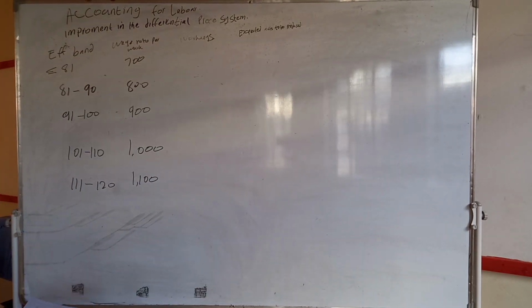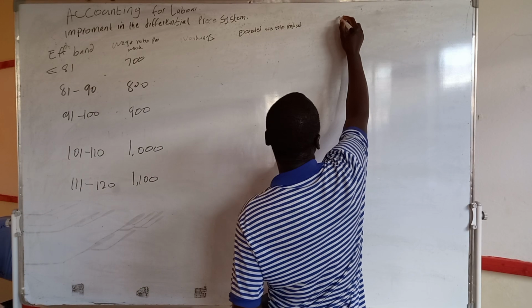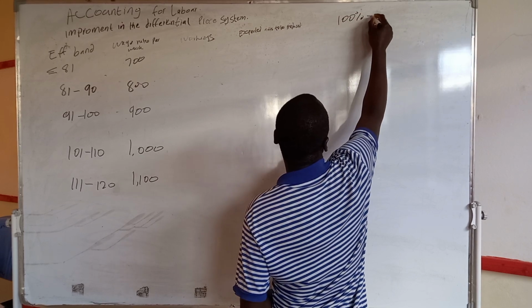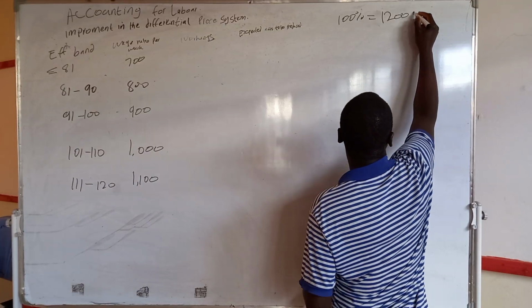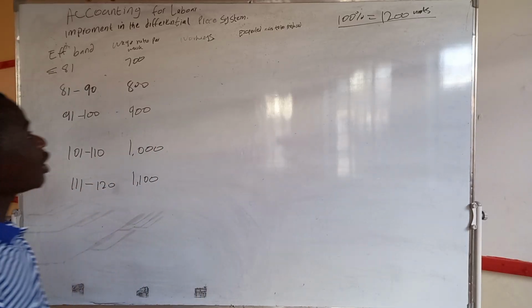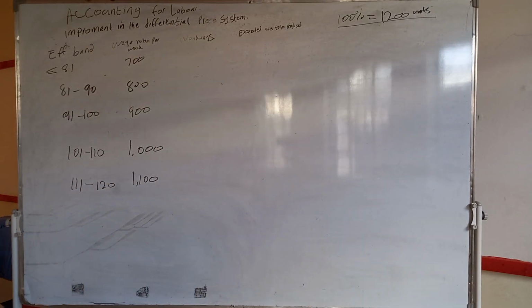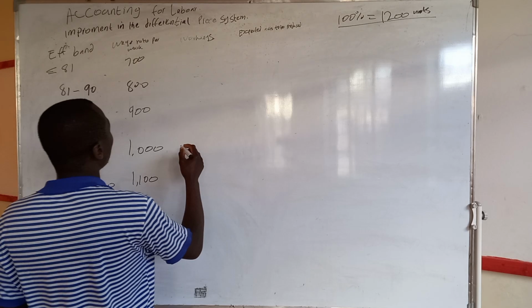Now remember, we were told that 100% production, if you produce 100, you are at 100%. Production represents 1,200 units. This is what 100% production represents. Now, what about 81%?